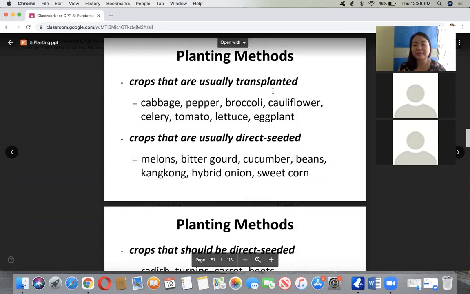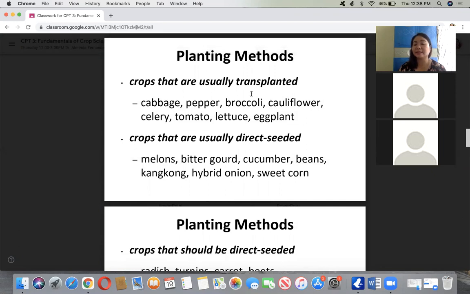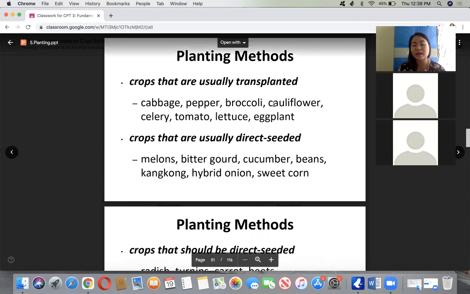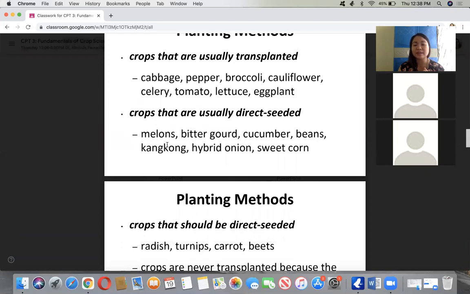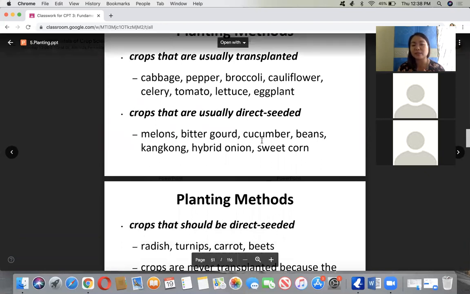So there are different planting methods for crops. Usually transplanted, because not all crops can be transplanted. But most crops like cabbage, pepper, broccoli, and so on are usually good with transplanting. And usually direct seeded are melons, bitter gourd, cucumber, sweet corn, and so on.